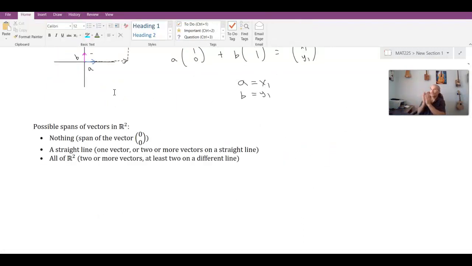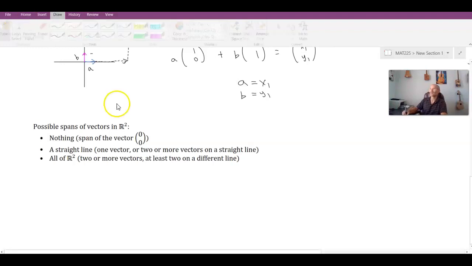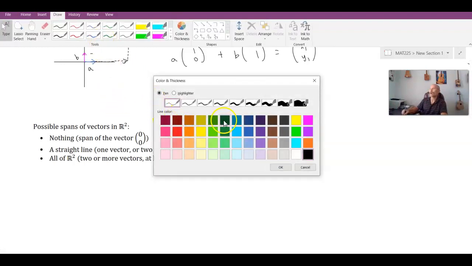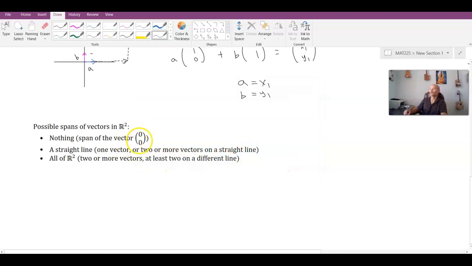So what we can conclude here is that if I have vectors in 2 dimensions, in R2, then there's basically 3 possibilities, depending on how many vectors I have. If I only have the vector 0, 0, and we haven't considered this one because this is kind of the trivial case, but if I think about where I can make it to with the vector just 0, 0, well, I can't make it anywhere. 0, 0 has 0 length.